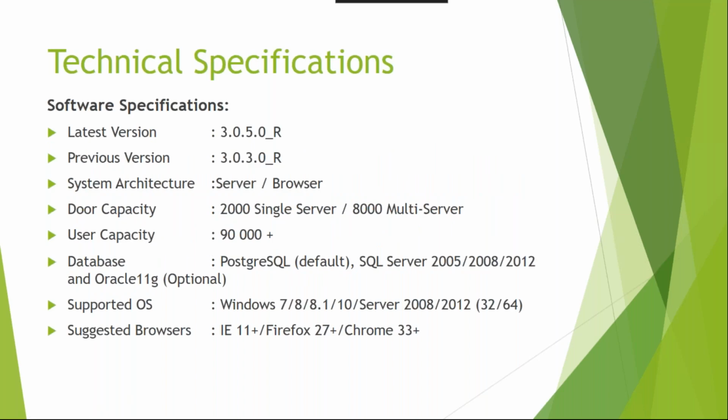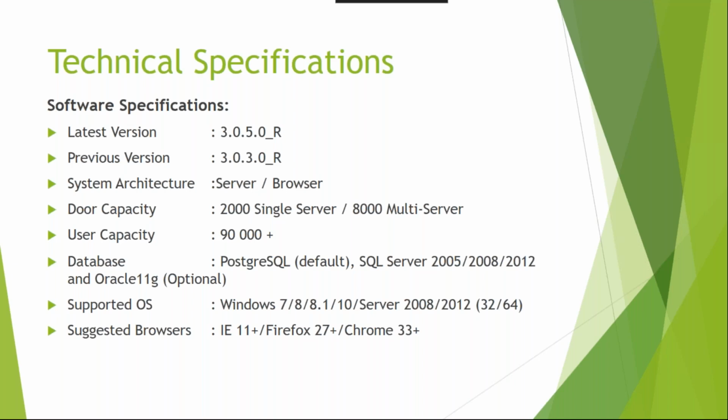And then these are the basic technical specifications of the ZKBiosecurity. It can take up to 2,000 doors on a single server, and up to 8,000 doors on multiple servers. And the user capacity can take more than 90,000.